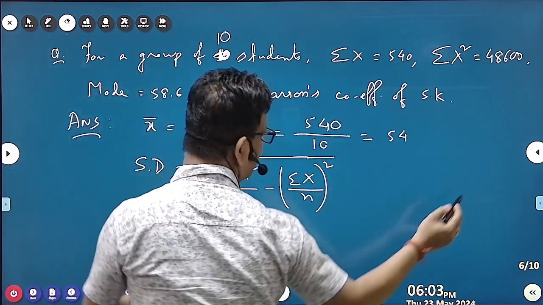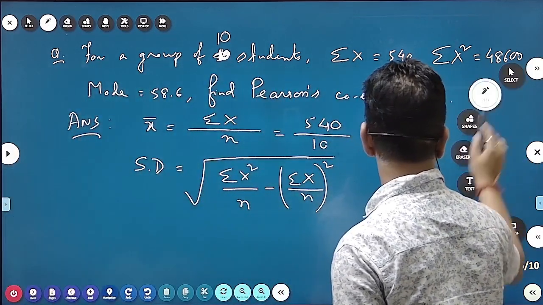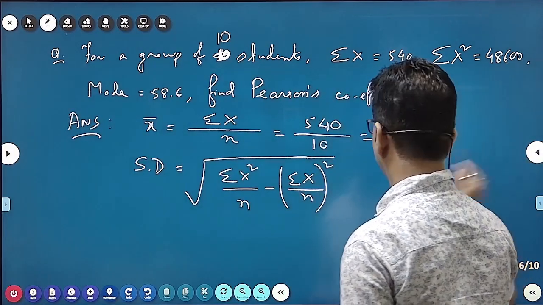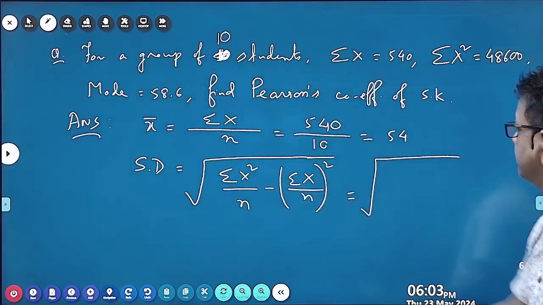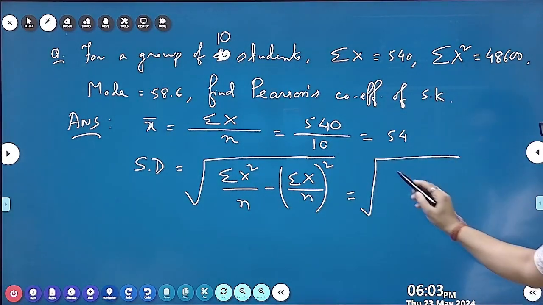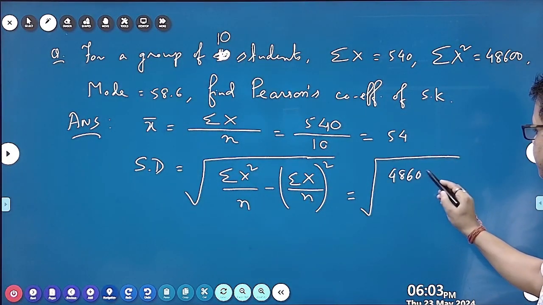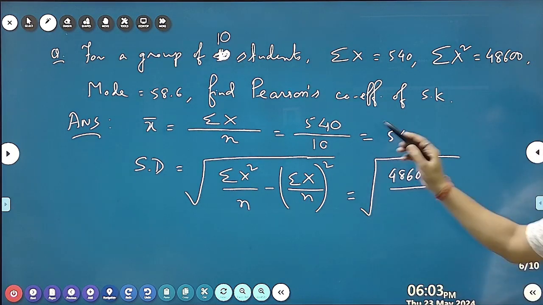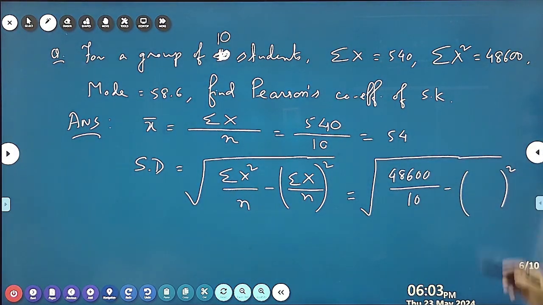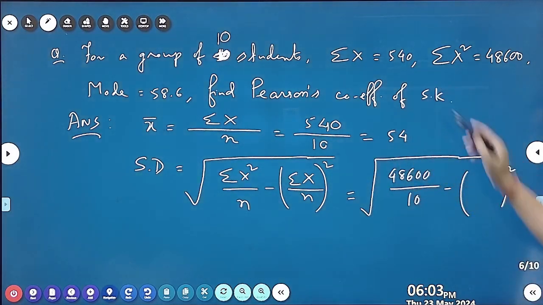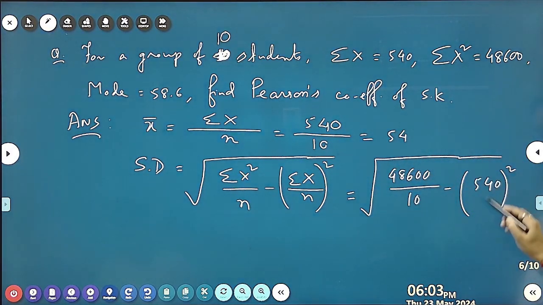Now what we have to do is just put the values. What is that? Square root of summation of x square. How much? 48600 by n. N means 10 minus this is whole square, the way we did today in the second one. Whole square. So summation of x, 540 by n.